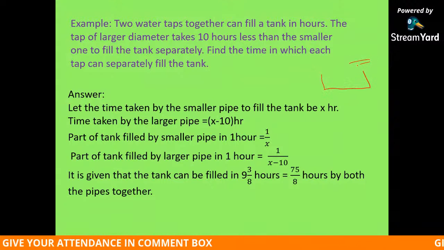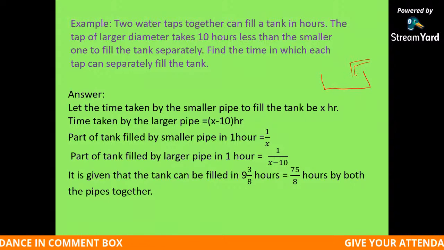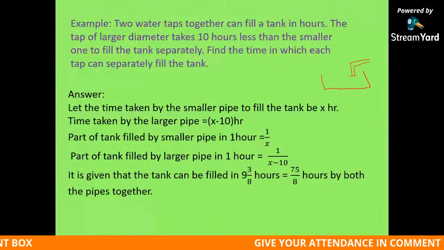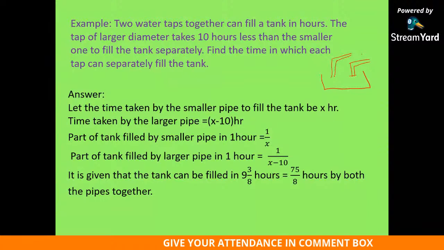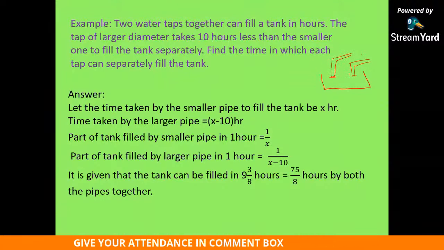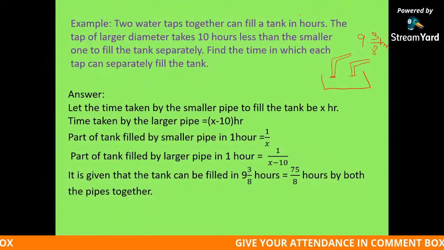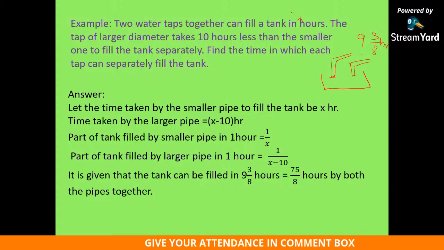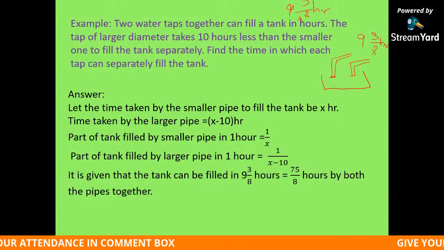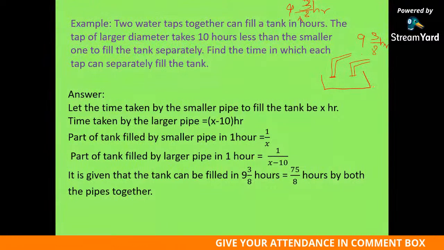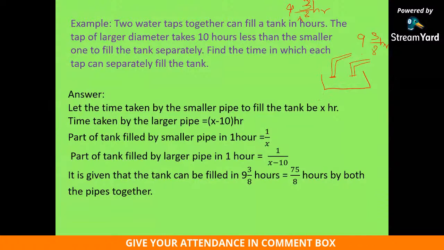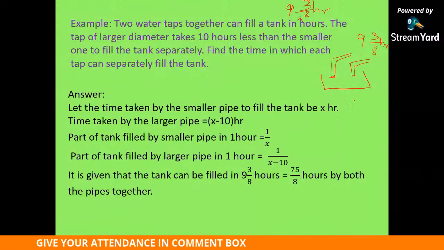When two taps are working, to fill the tank, the total time taken is 9 integer 3 by 8 hours. Time is given as 9 integer 3 by 8 hours when both the taps are working together.